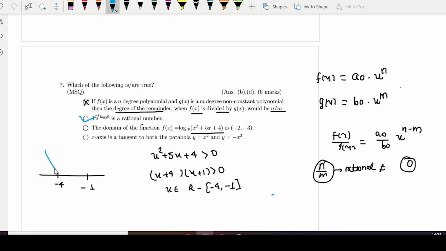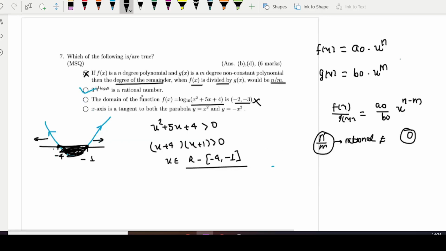Since the graph of this function is opening upward, we will not include these points. We will include only the points which are positive, and we will also not include 0. So the domain is this one, it is not minus 2 to minus 3, so this statement is incorrect.